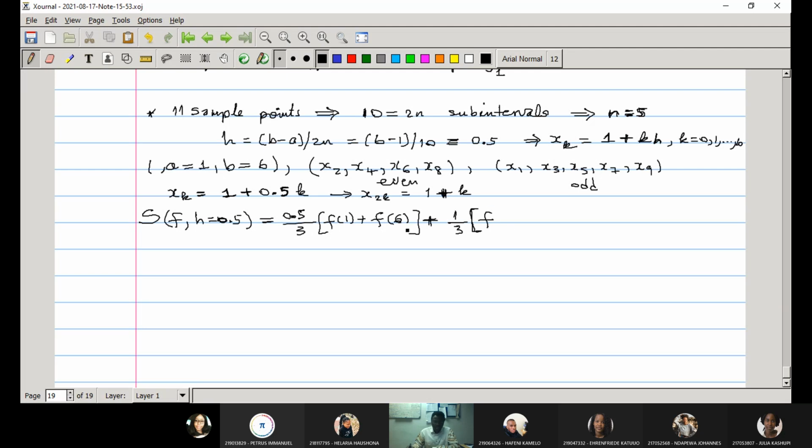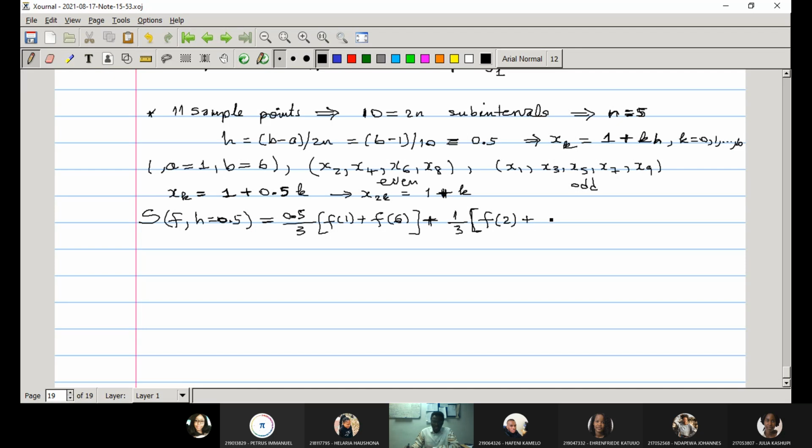Now with this one, if I say f of x2, we know that it will be 2. Because to get x2, I need k to be 1. Look at this one, x sub 2k. To get 2, I let k be 1. I put 1 here, 1 plus 1 is 2. So f of x2 is 2.